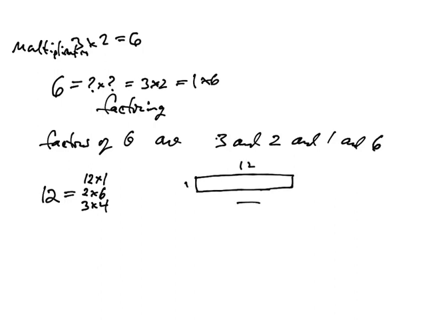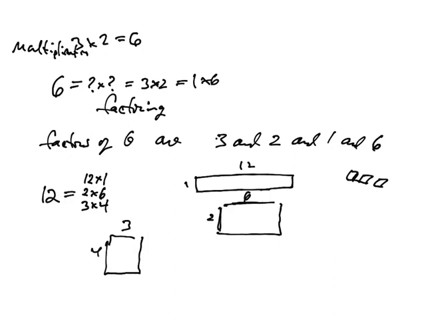How many ways can you do it? Sometimes you give students 12 little squares, these manipulatives, and you say, can you arrange them into rectangles? How many ways can you do that? And there's 3 ways.